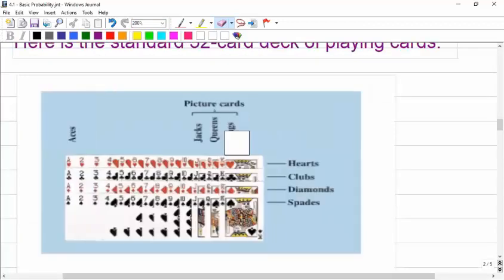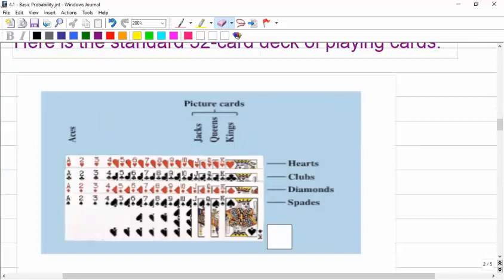Kings are right here. 4 kings. In fact, there's 4 of any one particular card, 1 for each suit. Each suit has 13. 13 hearts, 13 diamonds. Those are your red cards. Together, that makes 26 red cards.